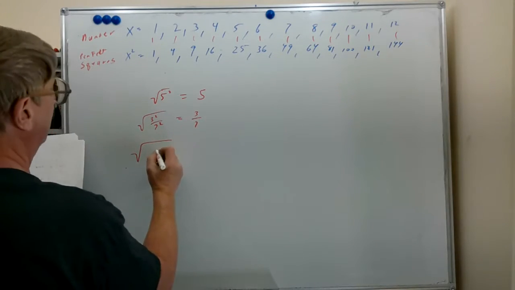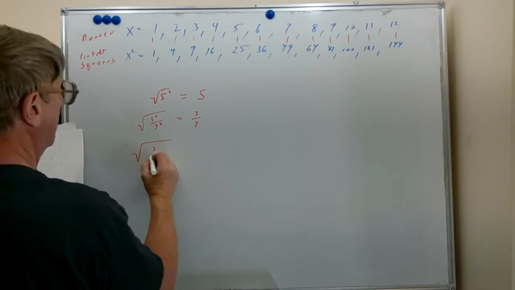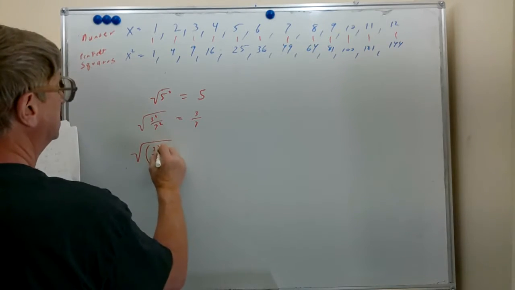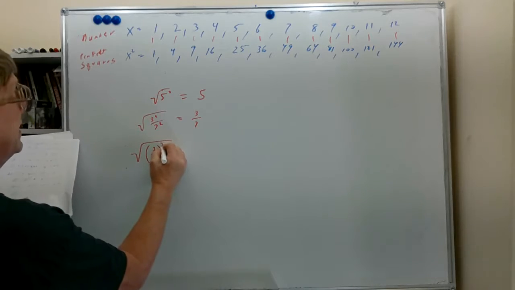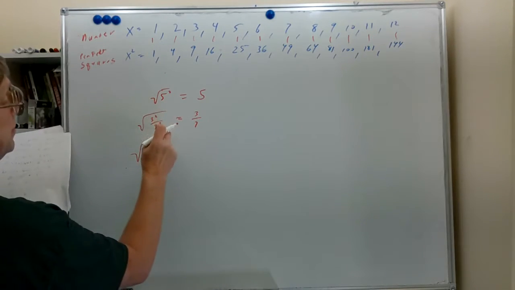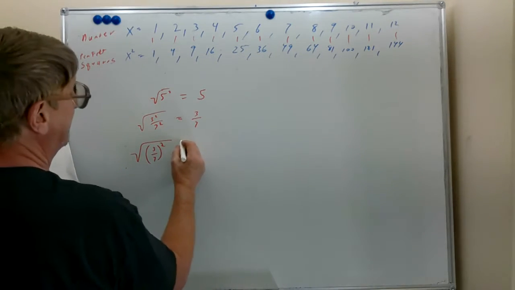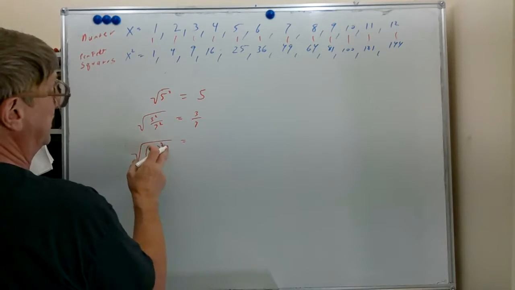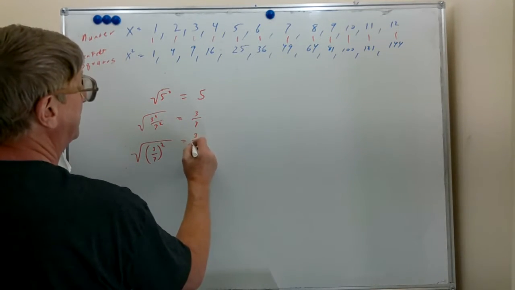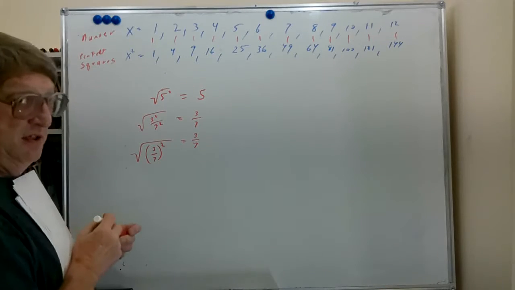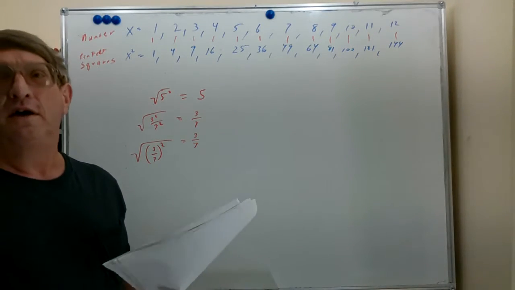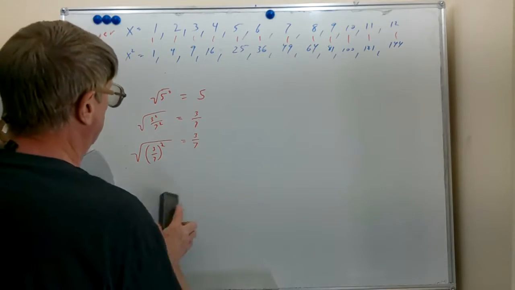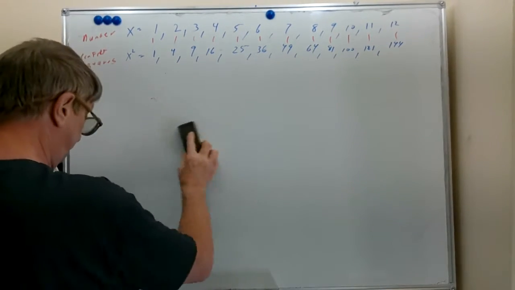And the square root of, well, it's kind of the same problem here, written in a different way. Here we've written it with the exponent outside of the parentheses. Here we've got the exponent moved inside, but again, the square root undoes the square, gets you back to 3/7. So square root undoes applying a power to, or what we call squaring, a number.